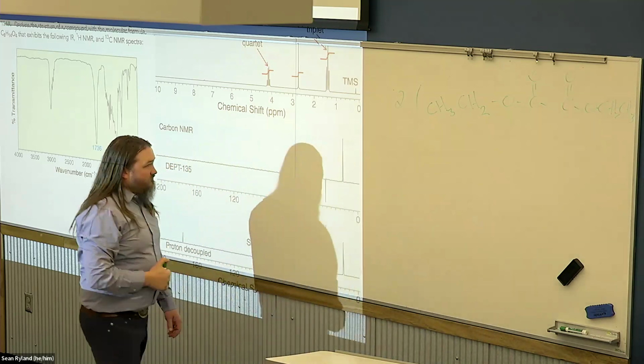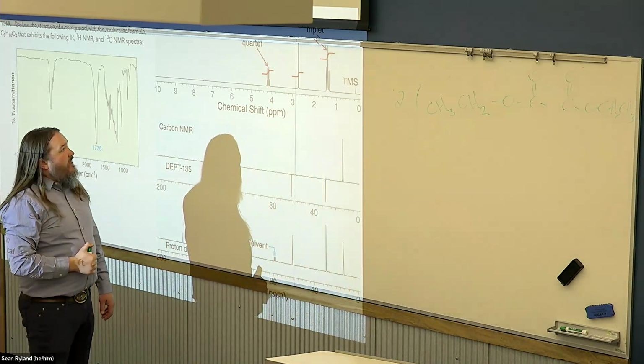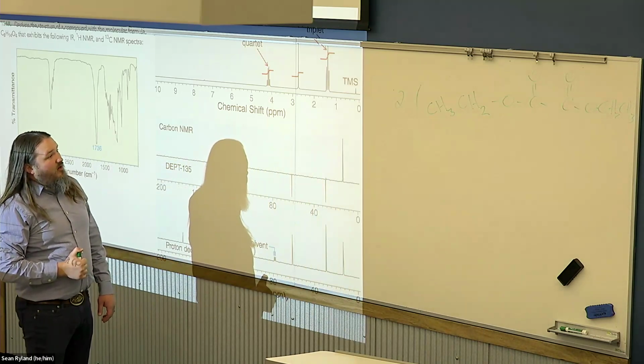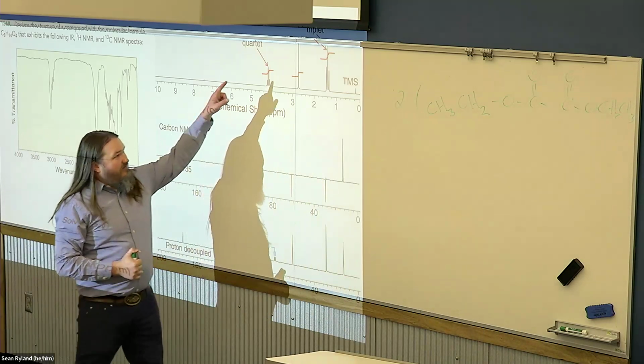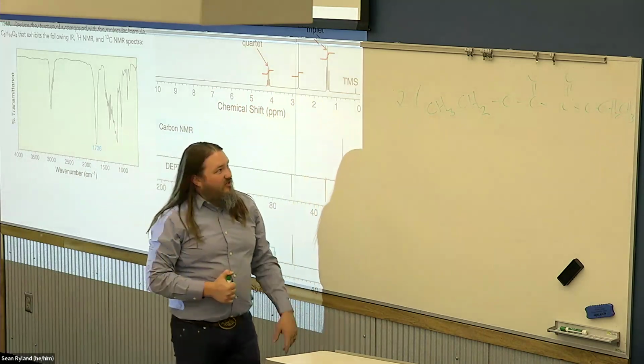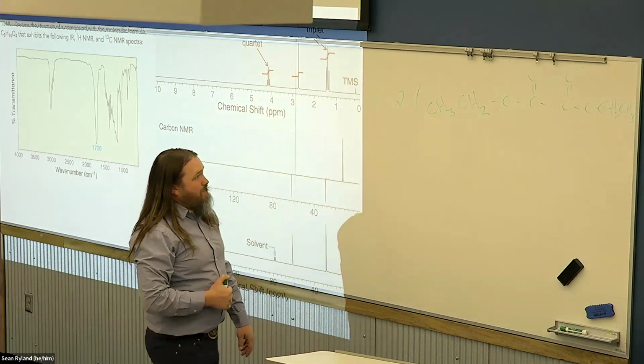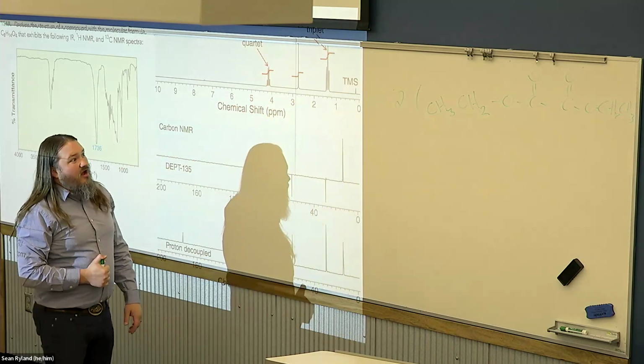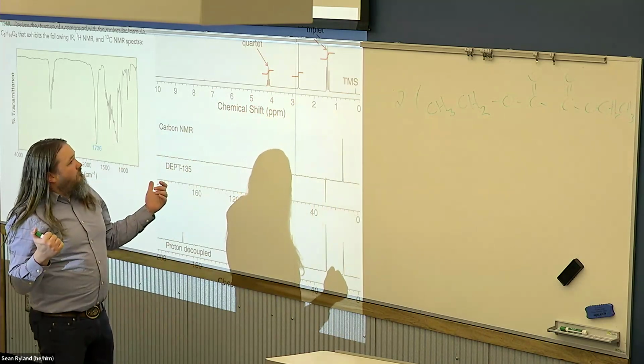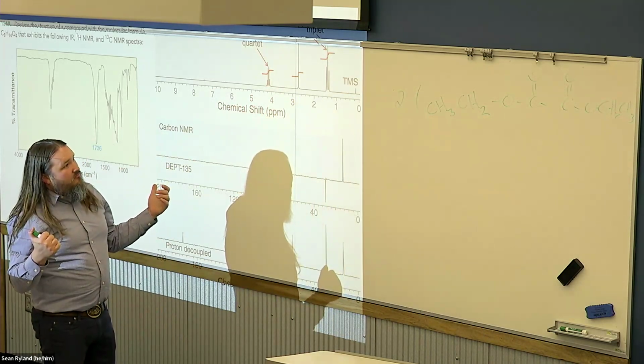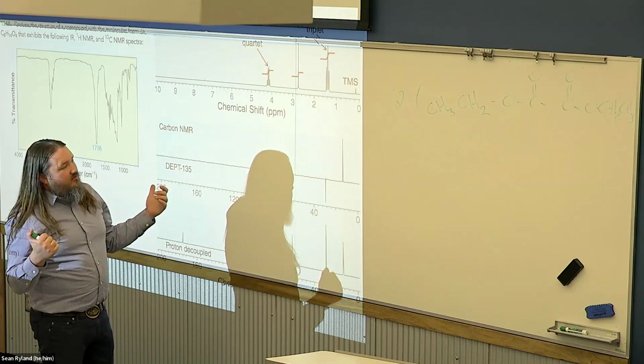And you're left with oxygen. Our problem with this one is we have 3 signals here, and this would only give us 2 signals. Oh, we need more carbons. Yeah.